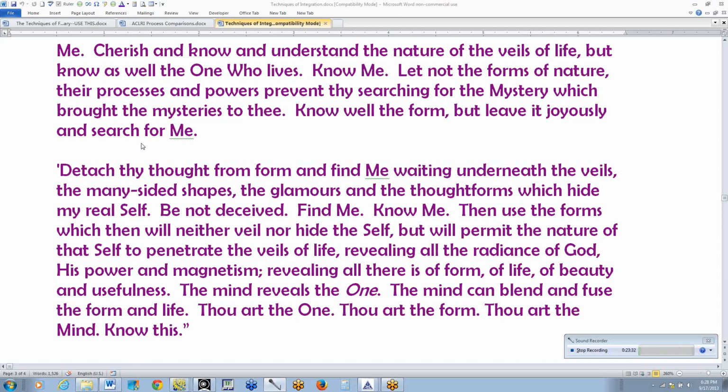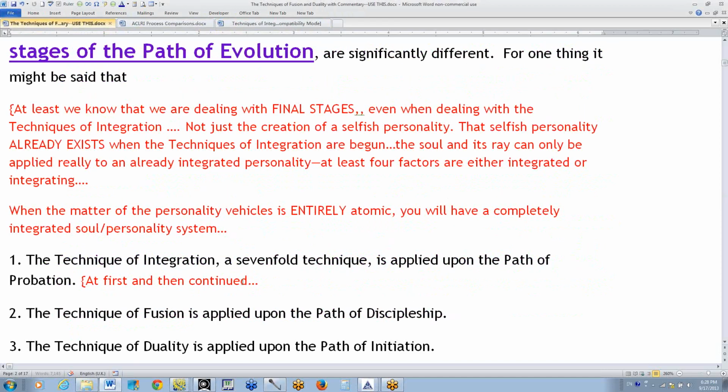But although these techniques can begin to be applied, I would say, as obviously as the Tibetan says, upon the path of probation, they do have some pretty powerful climactic results. So also for the technique of integration, it's the fusion of the personality and soul ray which is occurring.